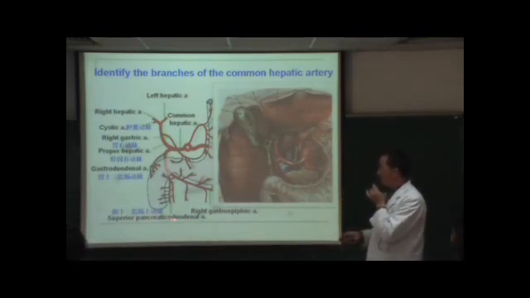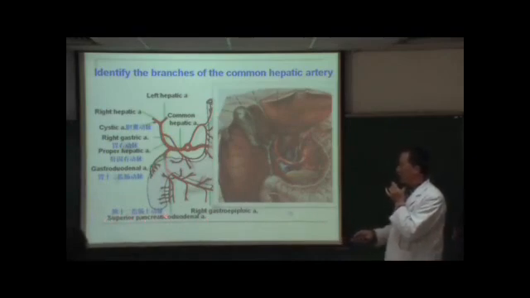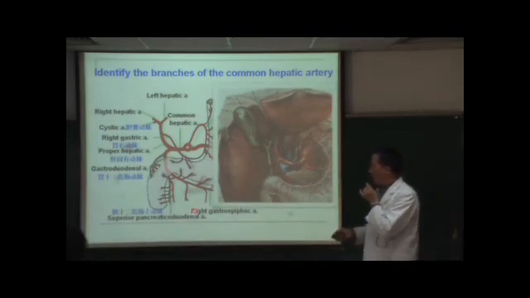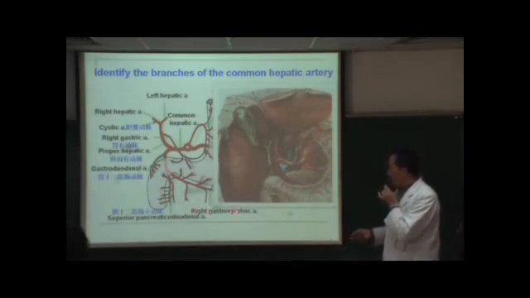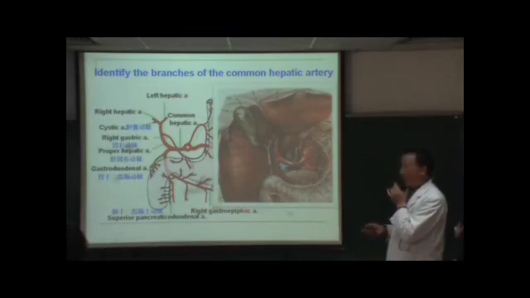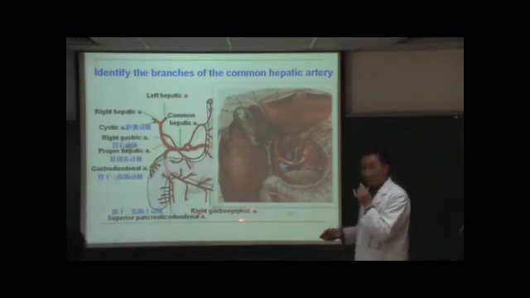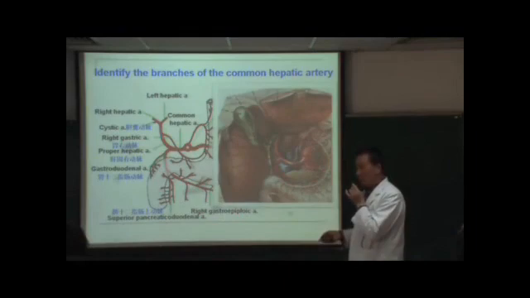Superior pancreaticoduodenal artery. And read this one. Right gastroepiploic artery. What is this? Yes.